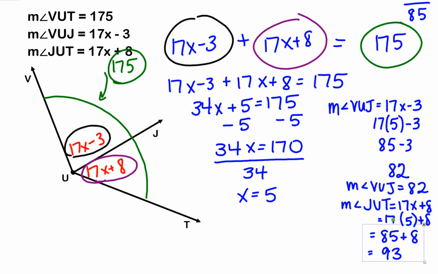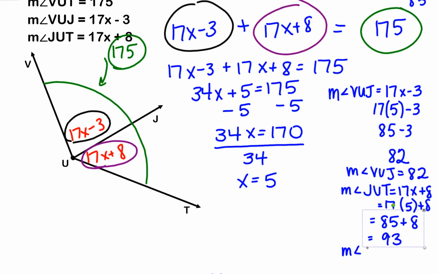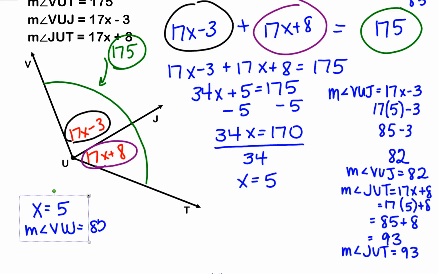So I know that the measure of angle JUT is equal to 93. And just as a quick check, 82 and 93, when I add them together, I get 175. So we're good.